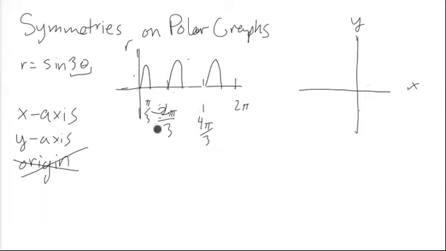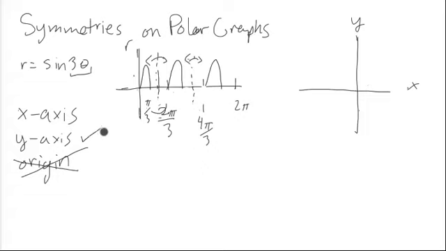So pi halves is actually exactly in between these. So since it's right in between, we actually do have a nice symmetry about the y-axis. So we're thinking we have nice symmetry about the y-axis.